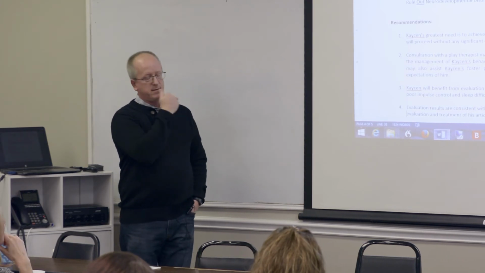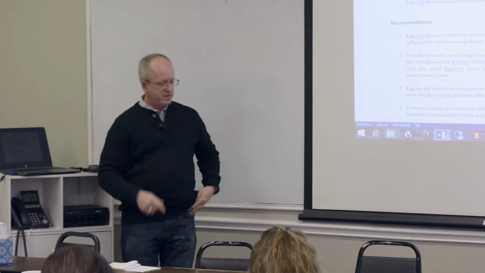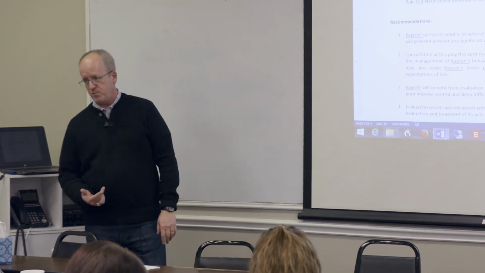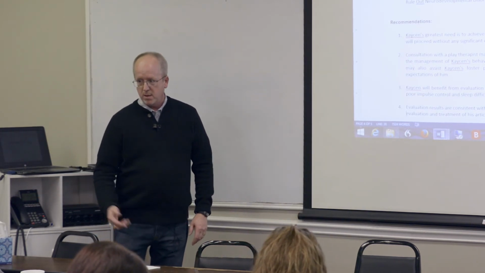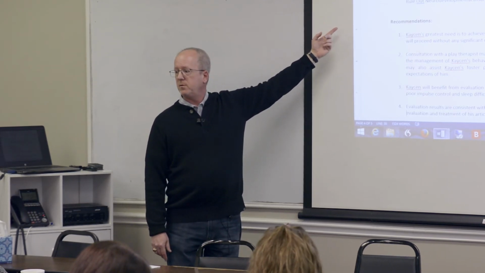So then I list it as a rule out. This is to be attended to with the next eval, or if I'm referring to another provider, this is for you. You might see a rule out for mixed receptive expressive language disorder. That's for the speech therapist to say, hey, this is yours to attend to.